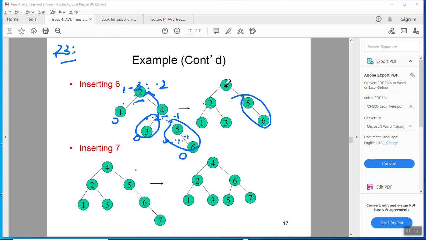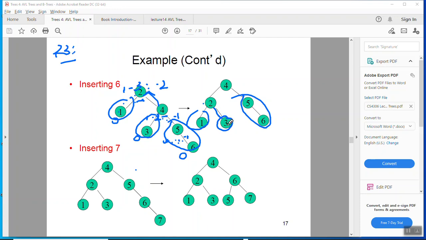So the left side of 4, what is the place that is available? This one will be as is on the left side, and we see that only one position is available, that was empty at the right side of 2. So this 3 will come to the right side of 2. Why is it the right side of 2?